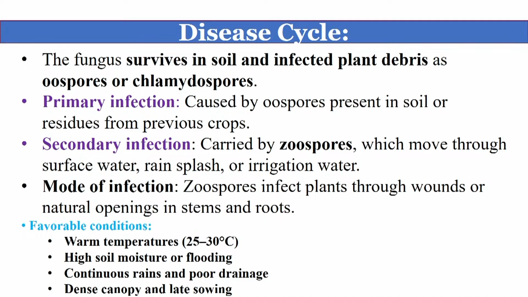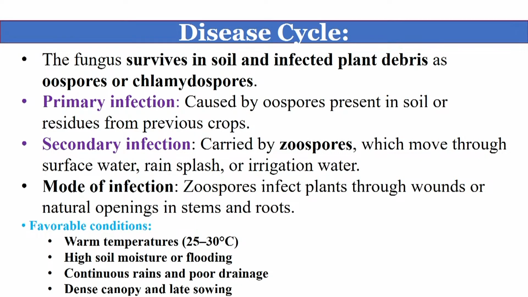The disease cycle starts with oospores surviving in the infected plant debris in the soil. Primary infection is caused by the oospores present in the soil or residues of the previous crop, and secondary infection is started by zoospores which move through the surface of water, rain splashes or irrigation water.